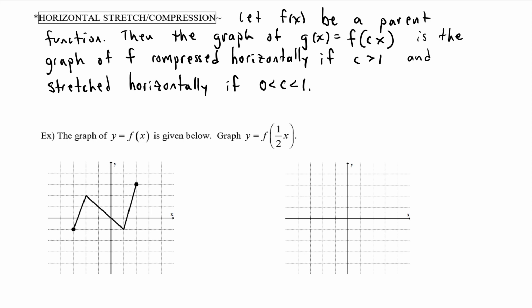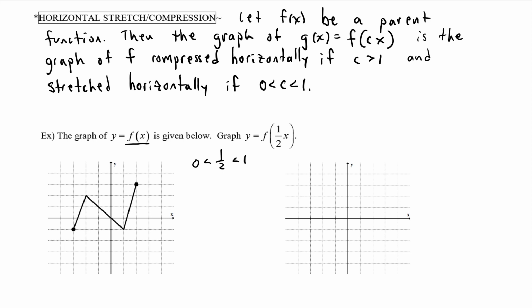So let's see what we got here. Here's a parent function. I've got this function right here, we're calling it f. That's our parent function. And then I'm going to take f, and instead of x, I'm going to replace it with 1/2 x. Well, 1/2 is between 0 and 1, so this is going to stretch it horizontally.